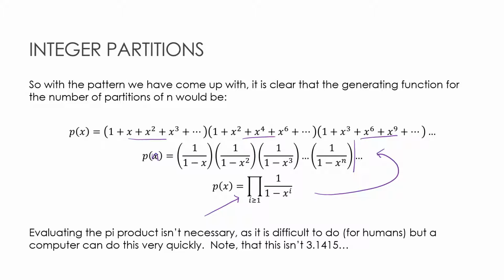Again, it doesn't make sense for us as humans to calculate the pi product, just like I would let you keep your answers in your binomial coefficient notation previously. All I want you to do is come up with the pi product, because computers can calculate that in a snap.